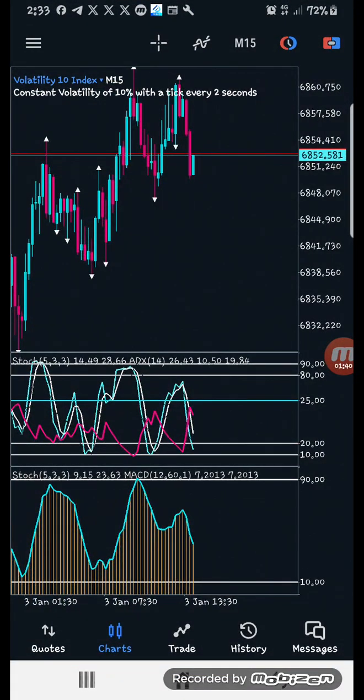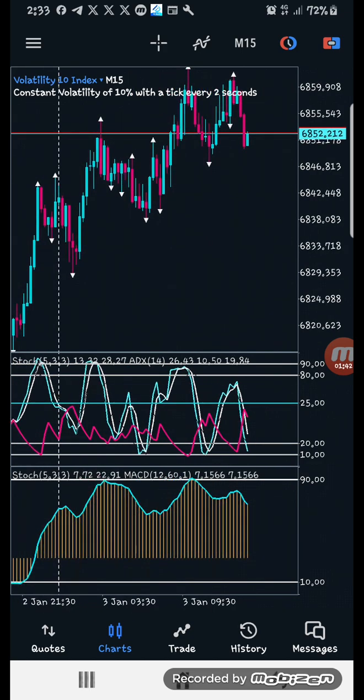Okay, let's continue. So like I said, first and foremost, these indicators. This red line here is the ADX. Whenever the ADX is pointing upwards, it means the market is coming down.